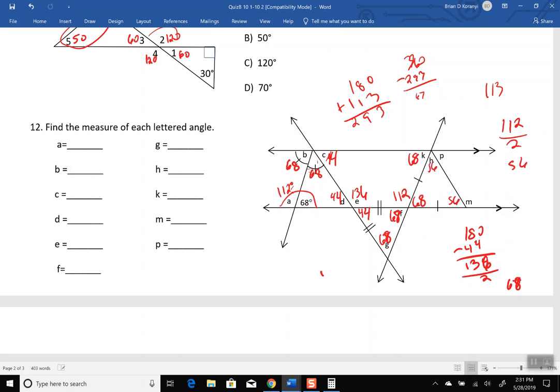And then to get to 180, this would be 124. Let's add up 68 and 56, that is 124. Yes, 124, so this would be 56.